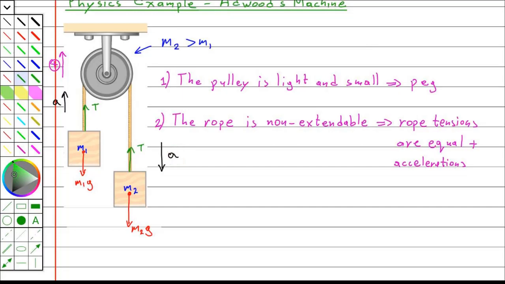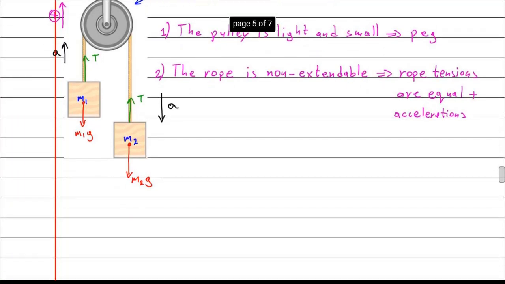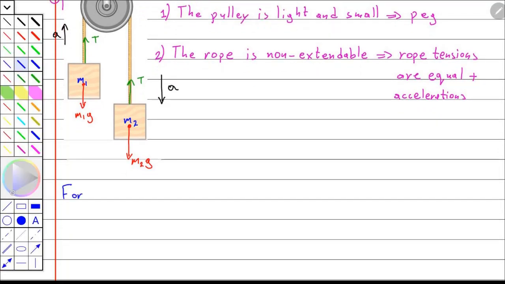Let's go ahead and use Newton's second law, because this is the law that connects forces with accelerations. For body 1, the resultant force acting on M1 is going to be equal only to the tension, which is positive since it's pointing upward, minus its weight.